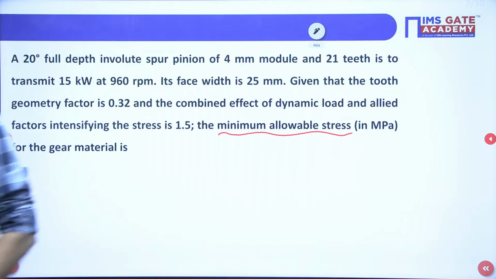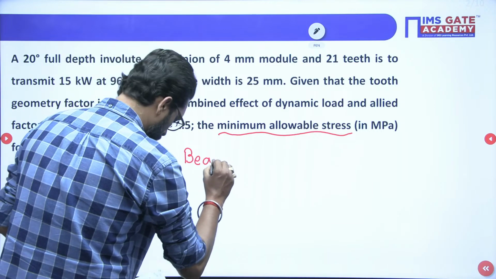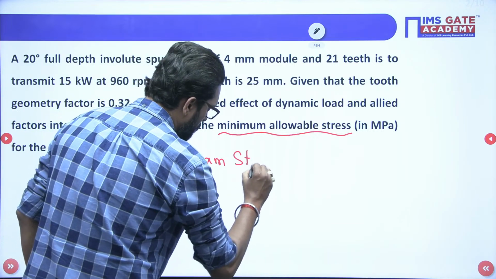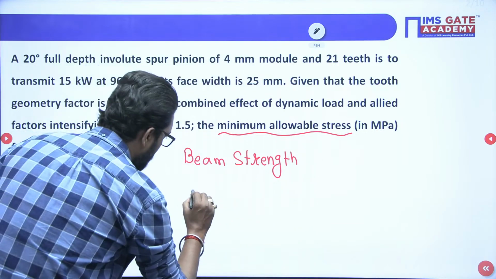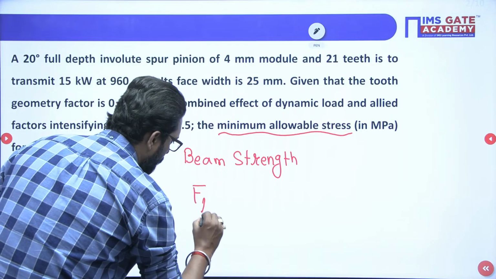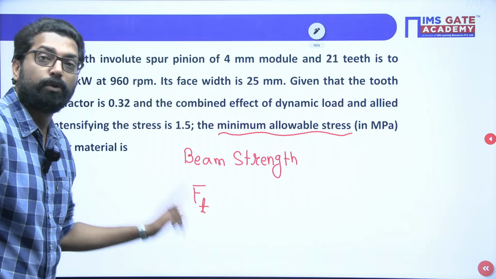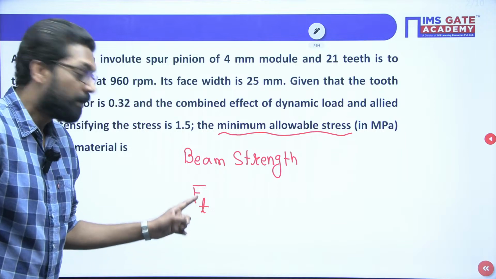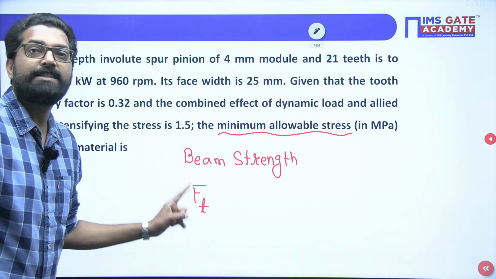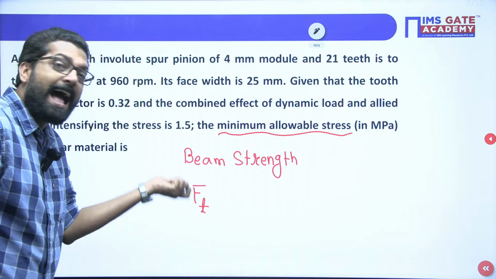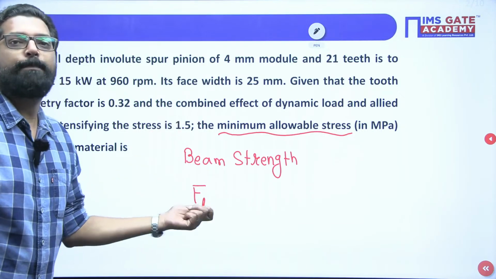What is the beam strength? It is the tangential force, the force which is tangent to the pitch circle, and it acts perpendicular to the tooth, at the tip of the tooth.